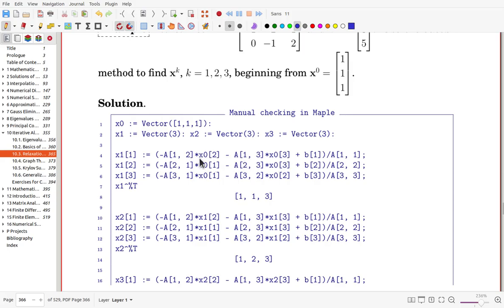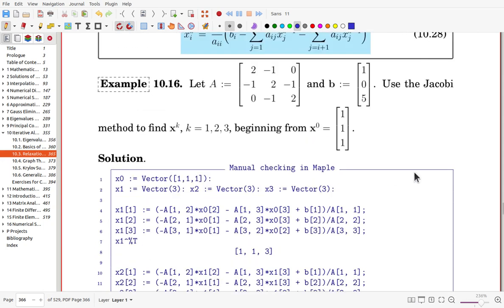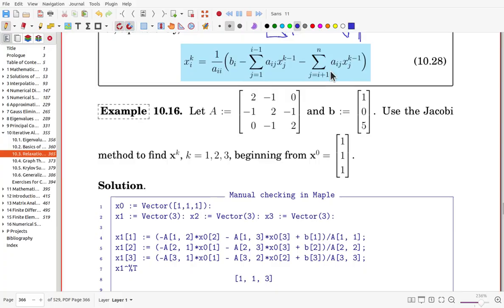That is 2, 3. And then the b_i from the right side, we have the first one, and divide by a_11. That is exactly this formula. So right now we have only this portion when i is 1.